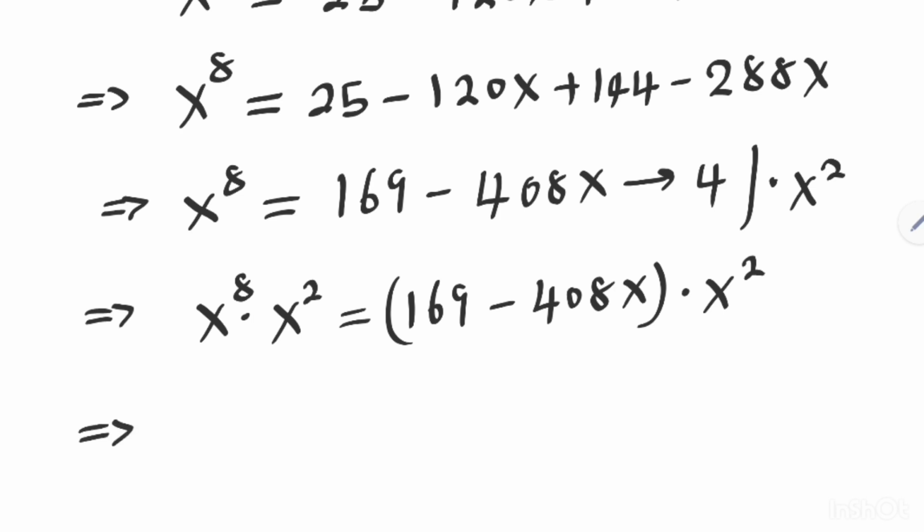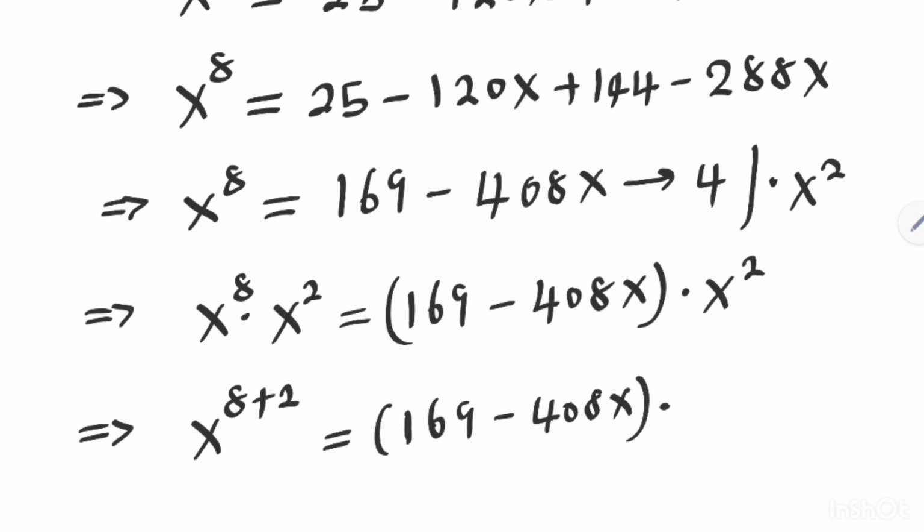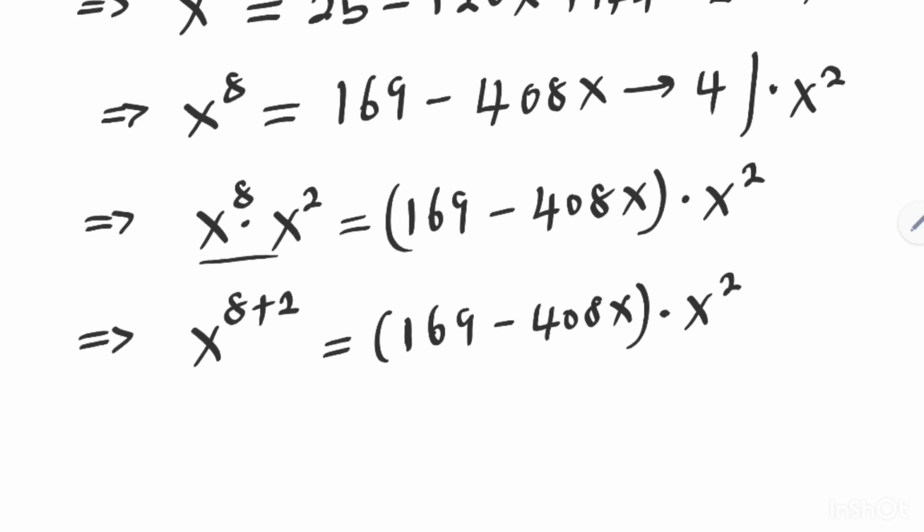This is the same thing as x raised to power 8 plus 2 is equal to 169 minus 408x multiplied by x squared, because here if you have a raised to power m multiplied by a raised to power n, this is equal to a raised to power m plus n.